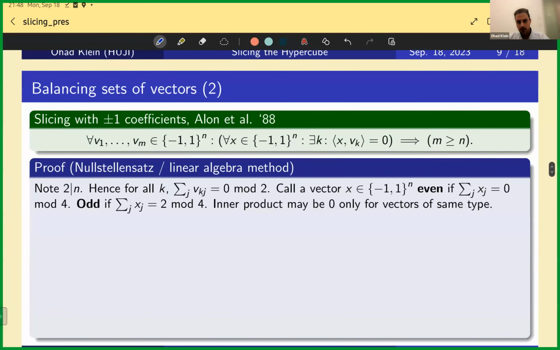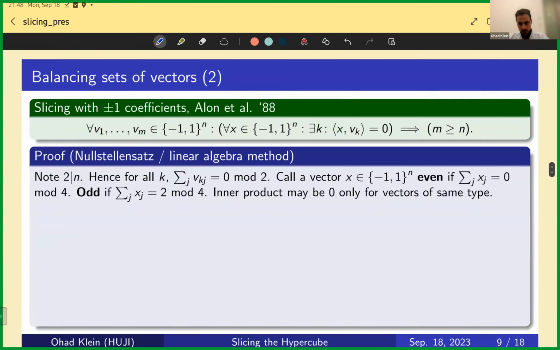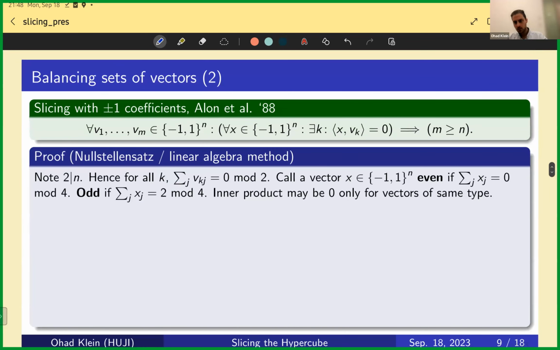And it is easy to check that we can get 0 only if we take the inner product of the same type of vectors.